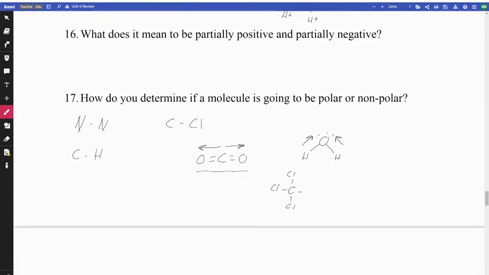Now, let's say we have this instead. In that case, all the bonds are pulling oppositely, but not equally. These are pulling equally, but this is not pulling equally. So that is going to be a polar molecule because this bond is not going to cancel out all the other bonds. Okay?